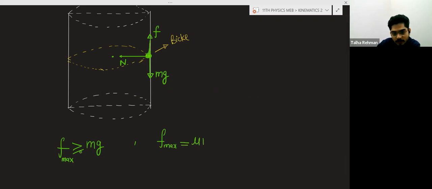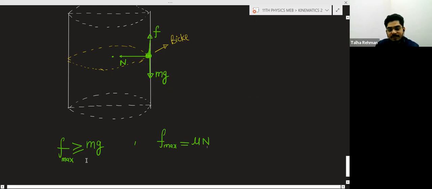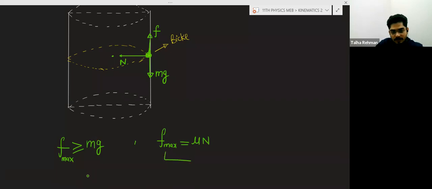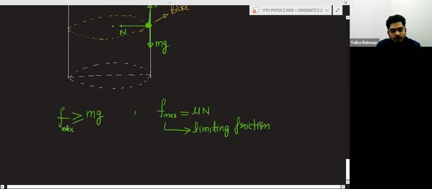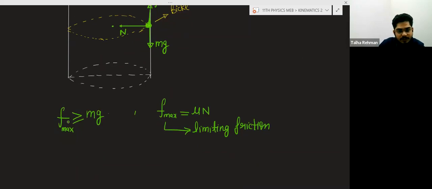Coefficient of friction into normal reaction. This is basically the maximum limiting friction. So the maximum limiting friction must be greater than or equal to mg. This is our equation number one.